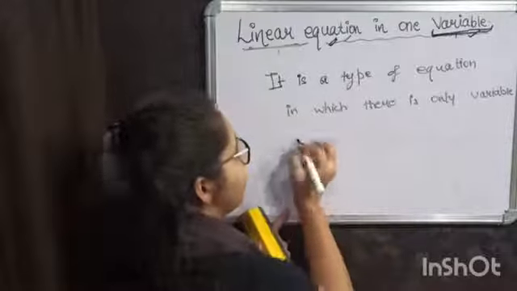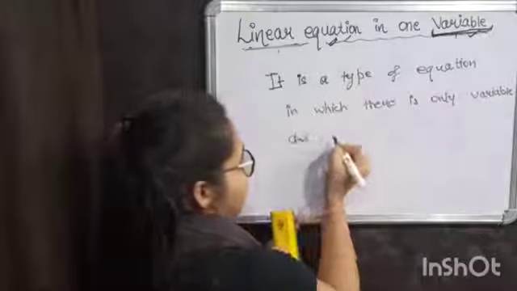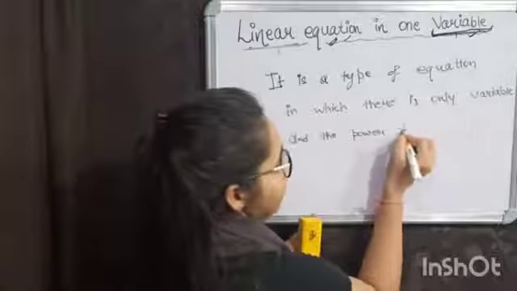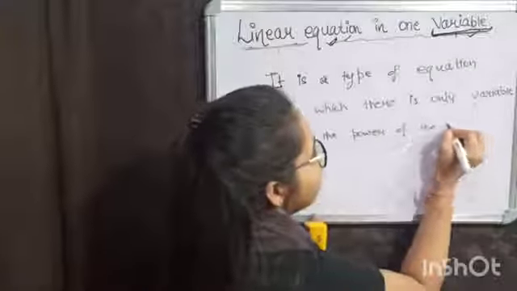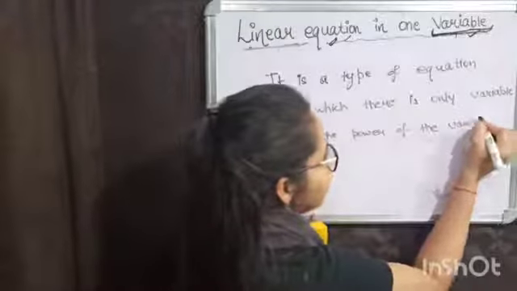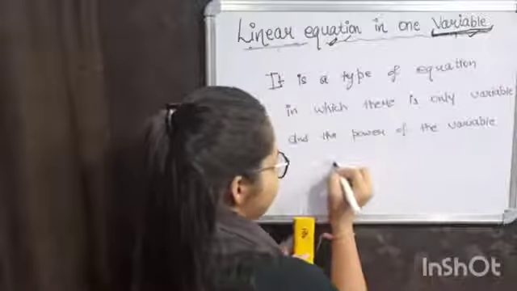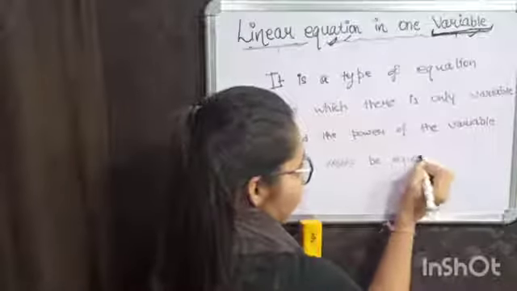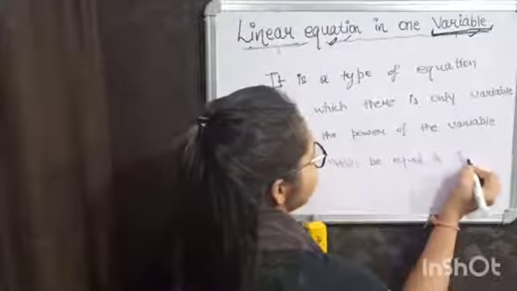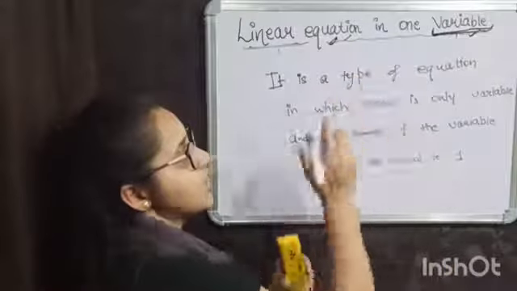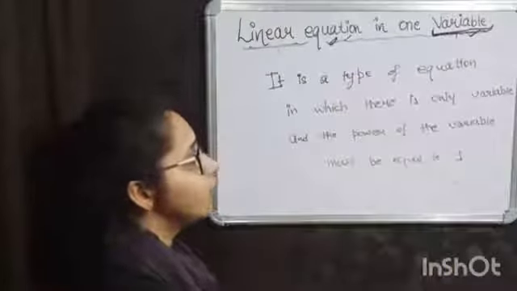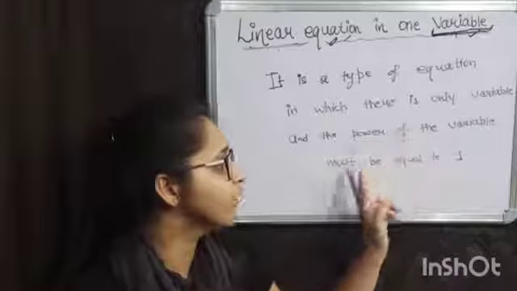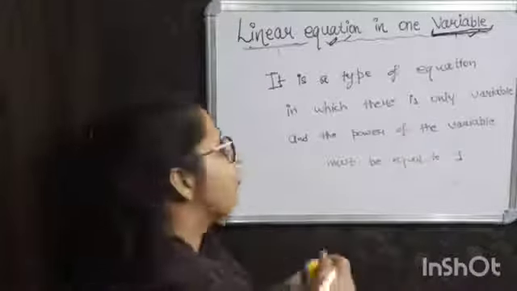There is only one variable and the power of that variable must be equal to 1. So the definition says that it is a type of equation in which there is only one variable and the power of variable must be equal to 1.